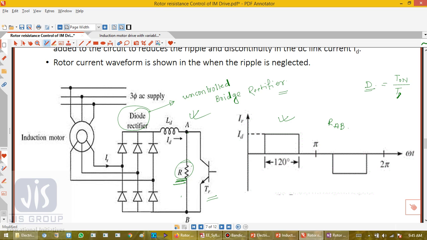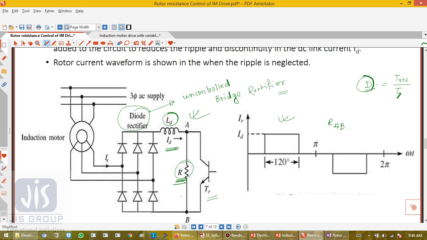So by varying the duty cycle, we can change the effective value of the resistance, and this inductor LD is used to reduce the ripple and discontinuity in the DC link current ID. So this is ripple elimination.